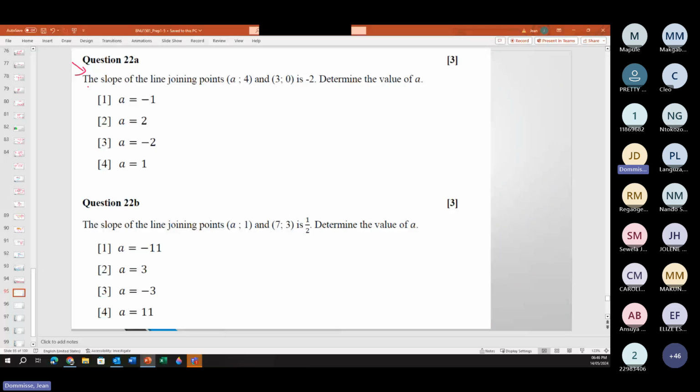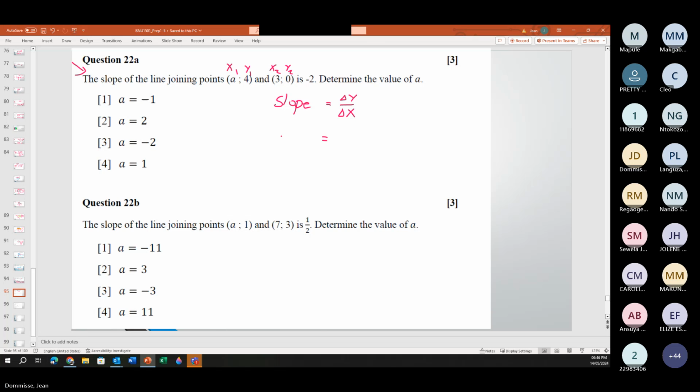So the slope of a line joining 2 points is -2. Determine the value of A. Okay, so we know that the slope is equal to the change in y over the change in x. So that is x1, y1, x2, y2.